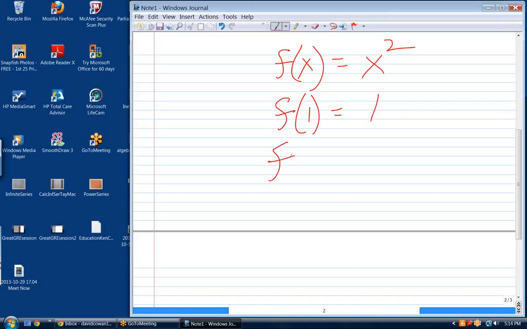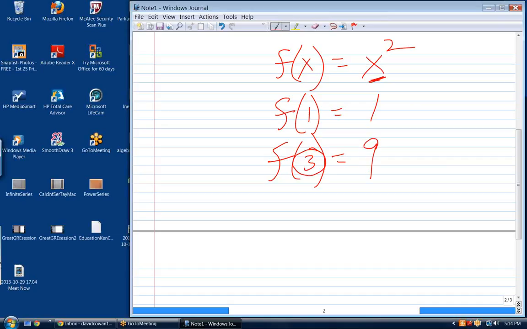What is f of 3 equal to? I'm going to take whatever's in the parentheses and plug it in for my x in the function. So f of 3 is 9.